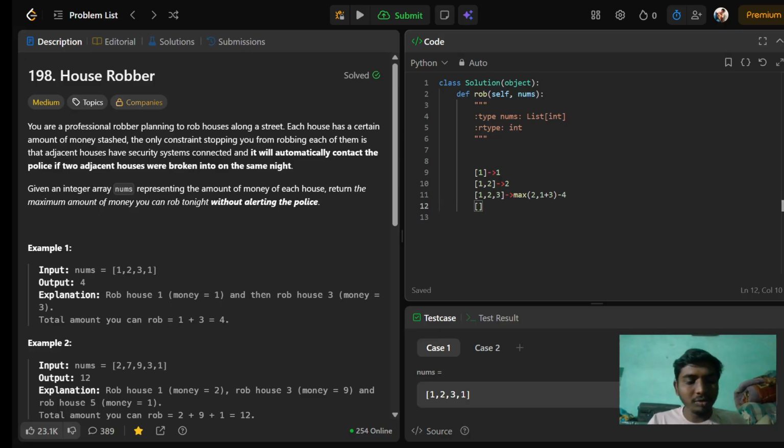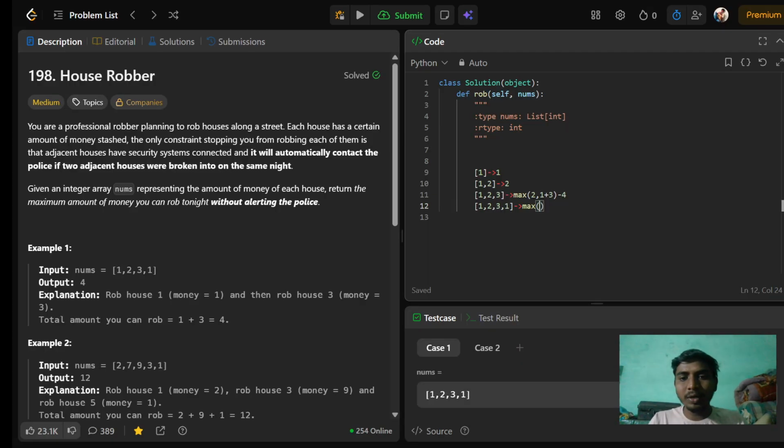When we consider 4 houses, 1 2 3 and 1. If we consider the fourth house, up to the third house the maximum amount he can rob is 4, and at the second house the maximum amount is 2. If he is going to rob the fourth house, he needs to check the previous house.